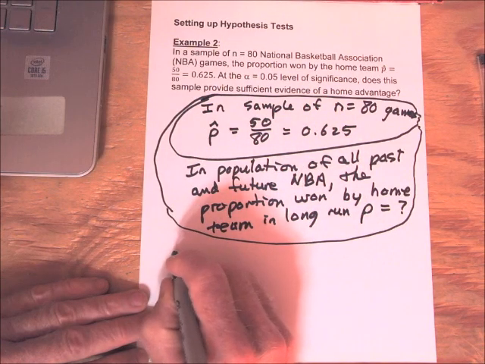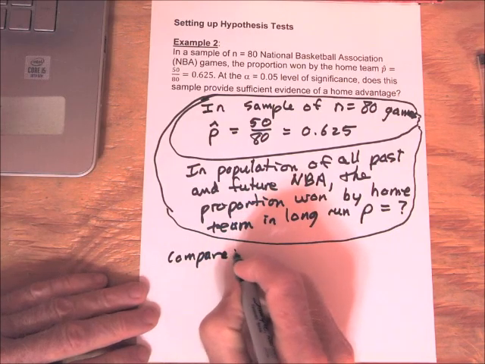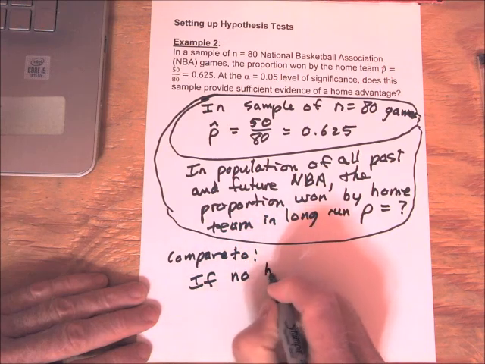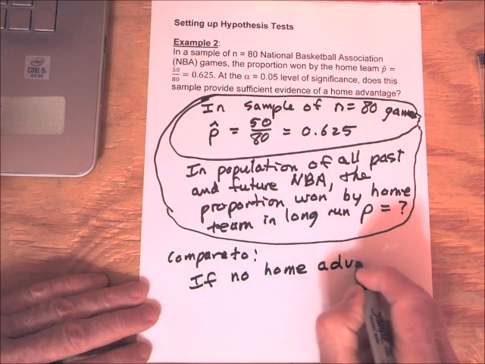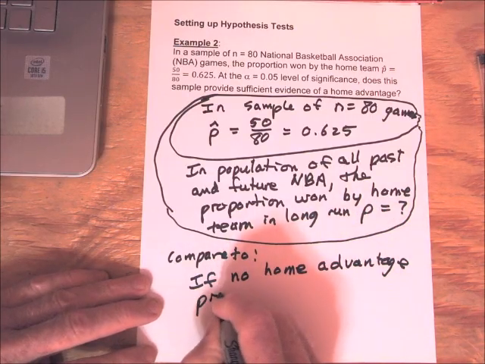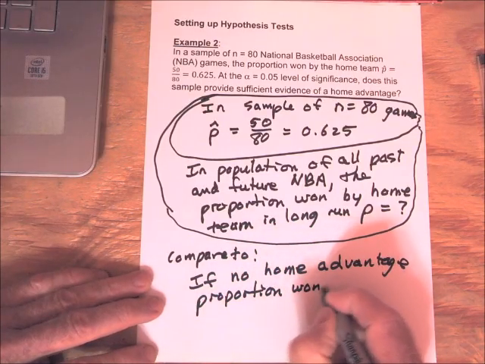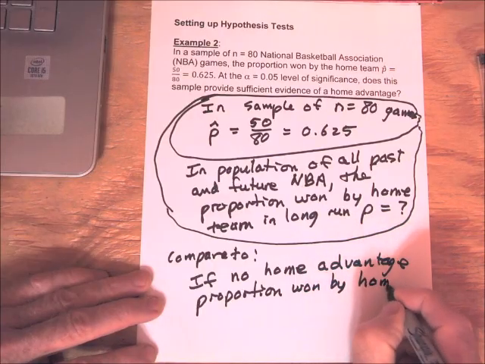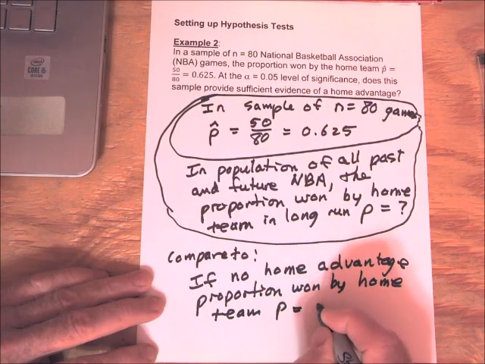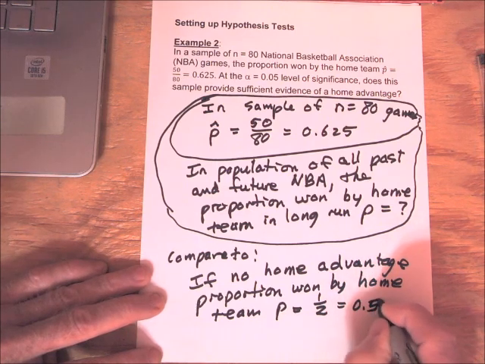So we want to compare it to the proportion won by the home team if there's no home advantage. If there's no home advantage, then we would expect the home team to win half the games, or as a decimal, 0.5.